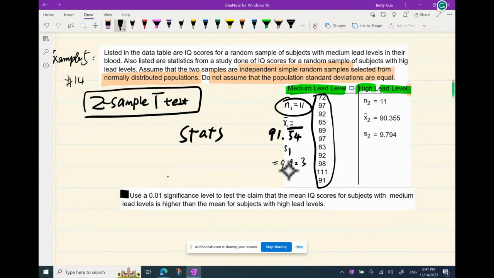Your standard deviation, Sx, is 9.923342545. Your n is 11. Guys, do you have the same thing?